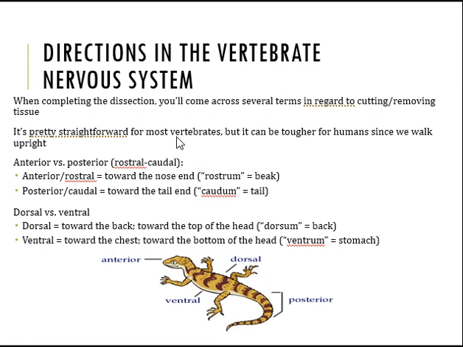Most of the time in journal articles, which is where I see these directions the most, I see anterior and posterior, but it's good to know both. Anterior or rostral is toward the nose, or rostrum is another word for beak, and posterior or caudal is toward the tail or the bum.